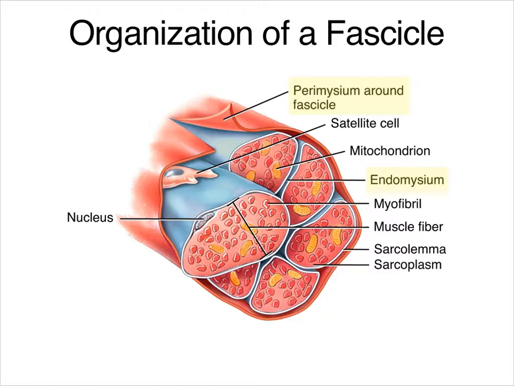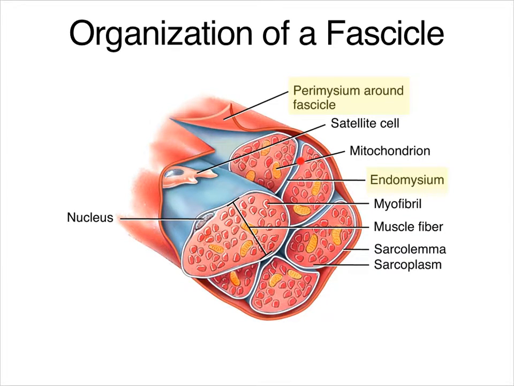Now, if we take a look at a fascicle, remember, a fascicle is a bundle of muscle fibers, and the fascicle is surrounded by the perimysium, which is dense, irregular connective tissue. There are things inside of it other than the muscle fibers. Certainly most of the area inside of it is the muscle fibers, and here you can see the muscle fiber, muscle fiber, muscle fiber.